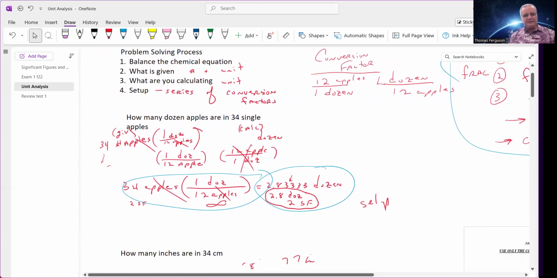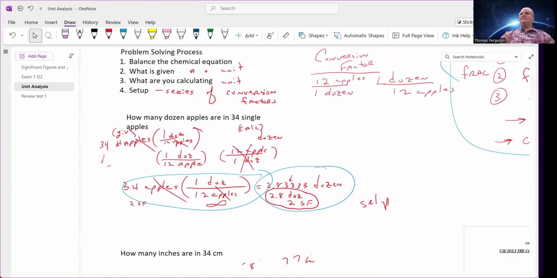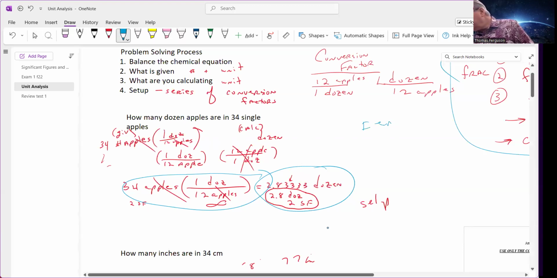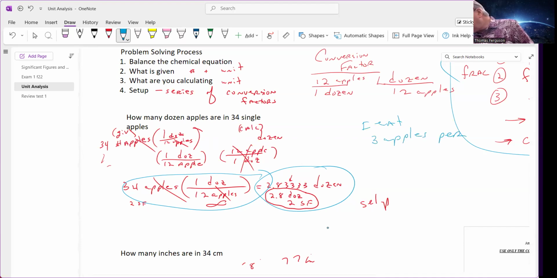Now, when you're reading the problem, if you see the word per, that's a conversion factor. For example, I eat 3 apples per day.